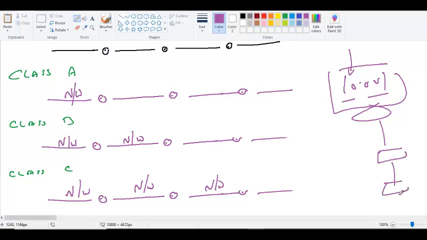So in the 10 network, this is the 001 computer. This is 002 computer. That's the host ID. Host, host, host. There's 3 octets you see here. The first octet represents network.